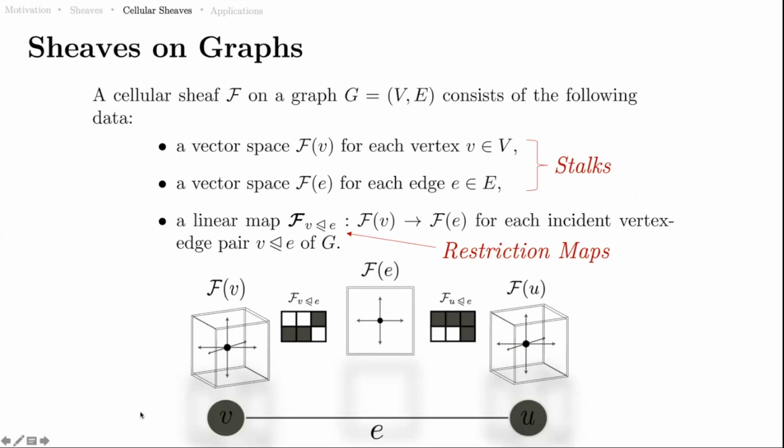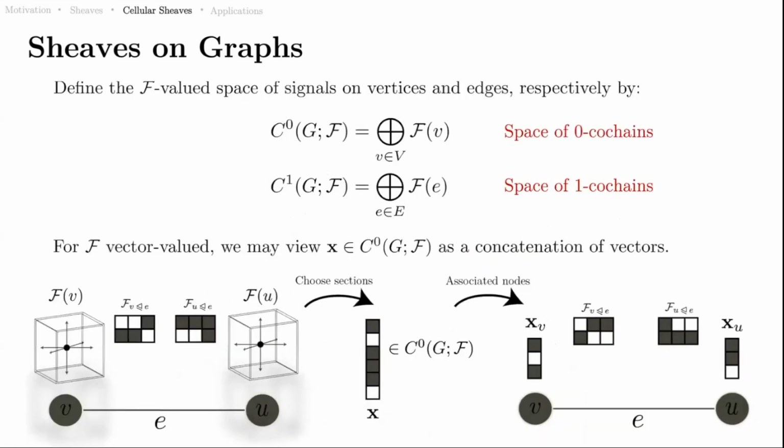Cartoonishly, you might draw it like this, where you have these vector spaces sitting over each node, and then some linear map or matrix which transforms each incident vertex-edge pair onto this edge vector space.